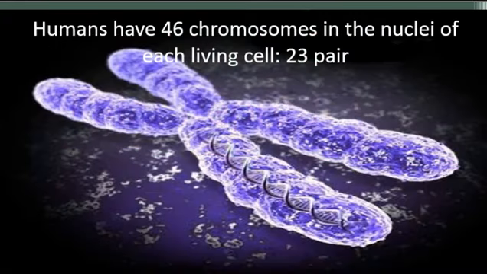Humans have 46 chromosomes in the nuclei of each living cell in your body. As long as your cell is alive, it has the total copy of all of your DNA. So we have 23 pairs of chromosomes. They're called homologous chromosomes because they're the same.